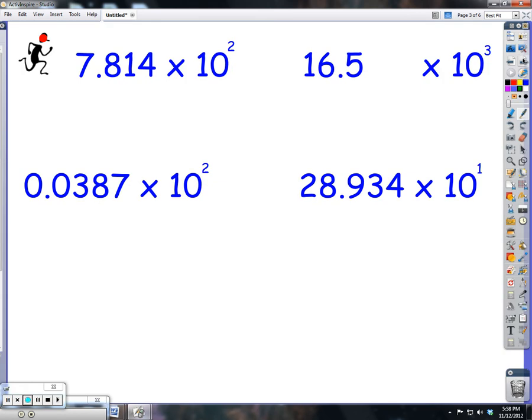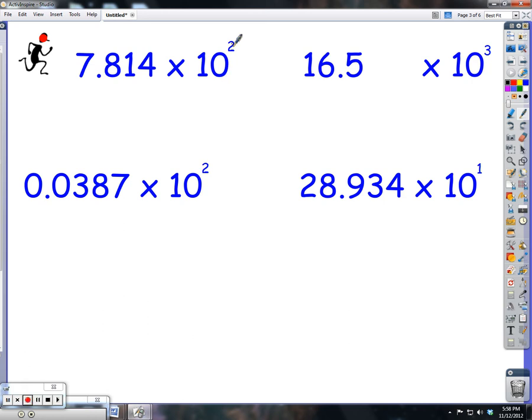All right, let's look at a couple more examples. But this time, the powers of 10 are actually shown in exponential notation. So we're going to have to add one more little step. Okay, so we have 7 and 814 thousandths multiplied by 10 to the second power, or 10 squared. Well, we first have to figure out what 10 squared is.